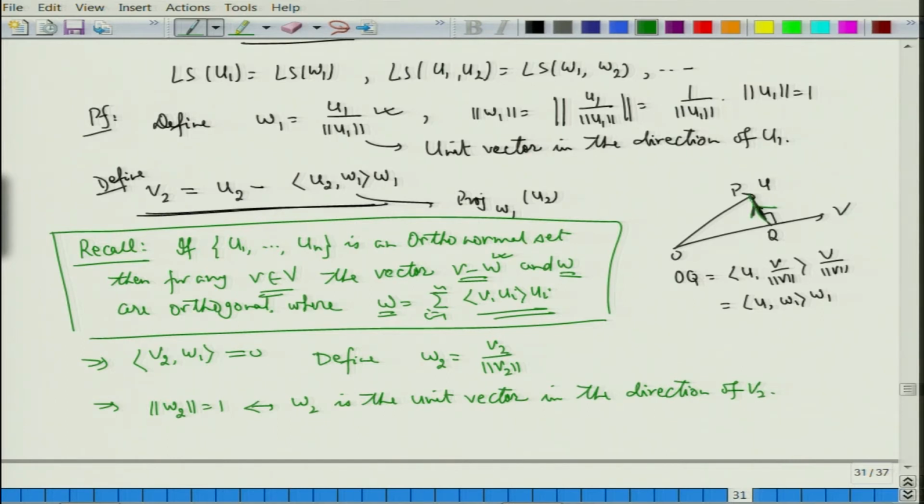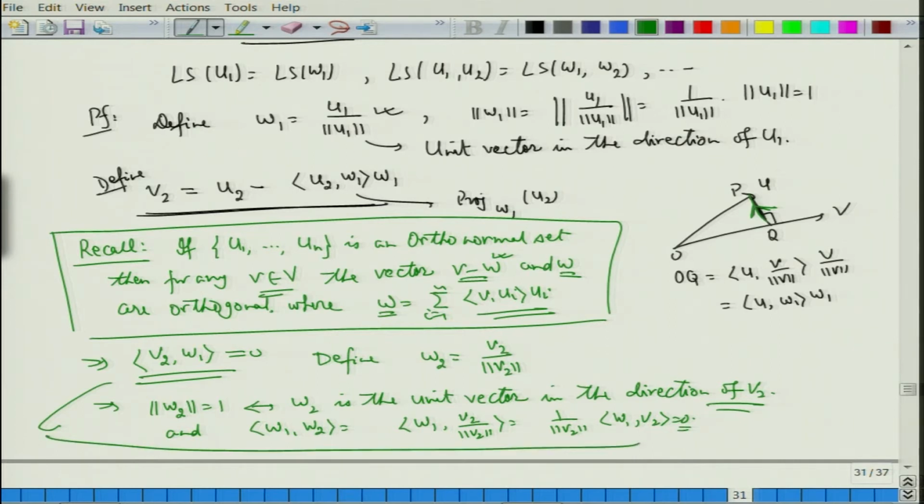In this particular case, this is the direction that I am looking at, fine, direction of V2, and the inner product of W1, W2 is the same as the inner product of W1 with V2 upon norm of V2, which is the same as 1 upon norm of V2 times the inner product of W1, V2, which is already 0, fine, because of this part. So, we have already got W1 and W2. How do I get W3?